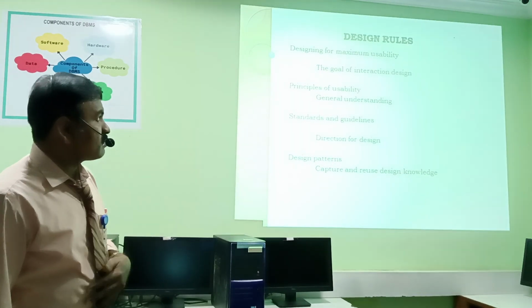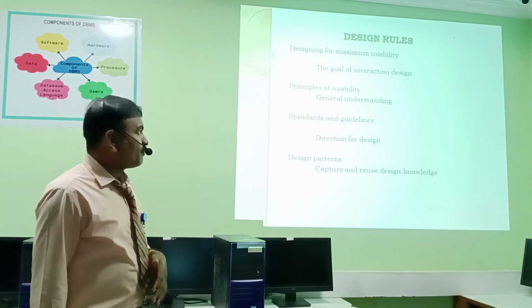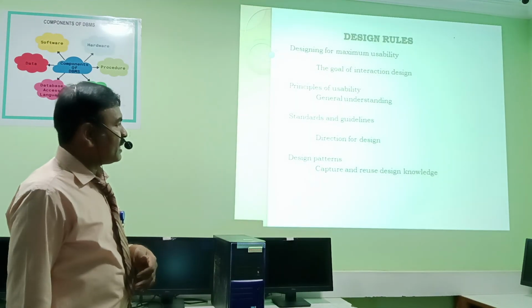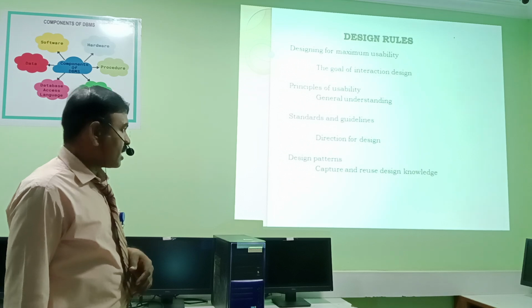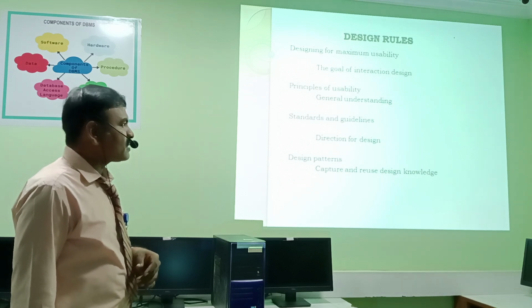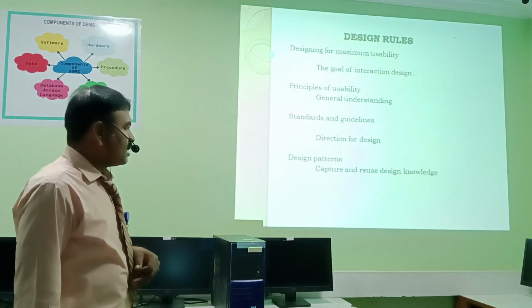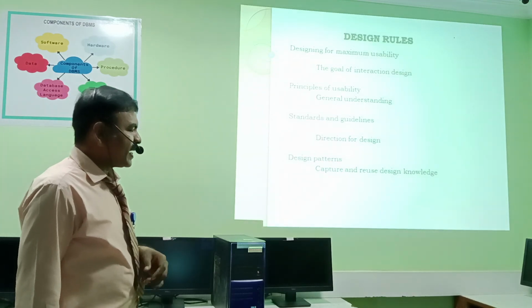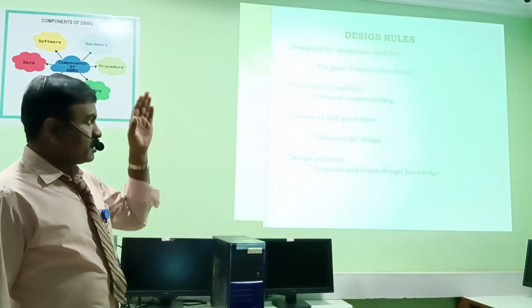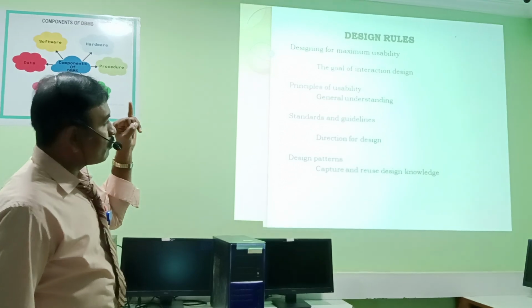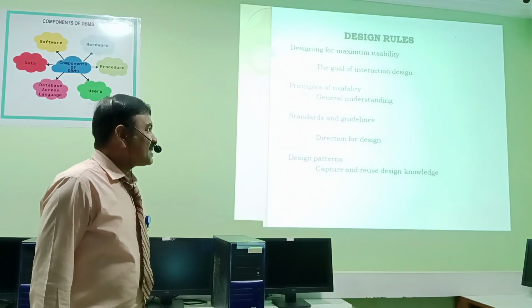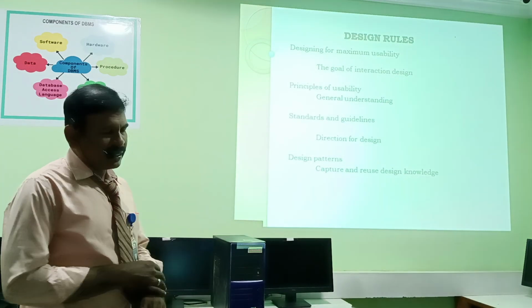So designing for maximum usability, the goal of interaction design, principles of usability, general understanding, standards and guidelines, direction for design, design patterns, capture and reuse design knowledge. So the design rules having design for maximum usability, principles of usability, standards and guidelines, design patterns.